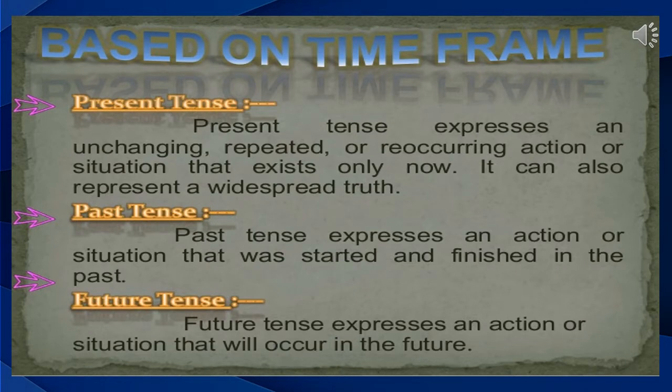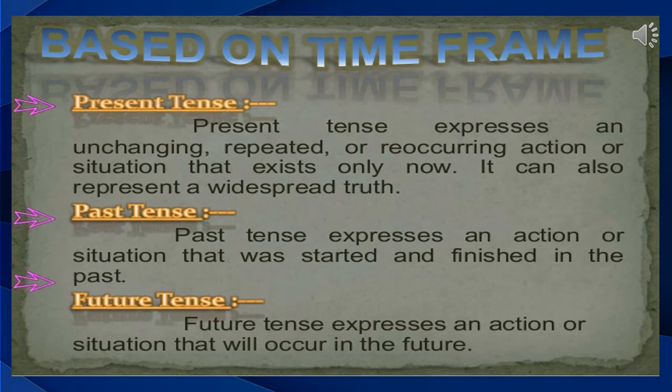First, present tense. Present tense expresses an unchanging, repeated, or reoccurring action or situation that exists only now. It can also represent a widespread truth, or the actions which are going on at the time of speaking. Second one, past tense.